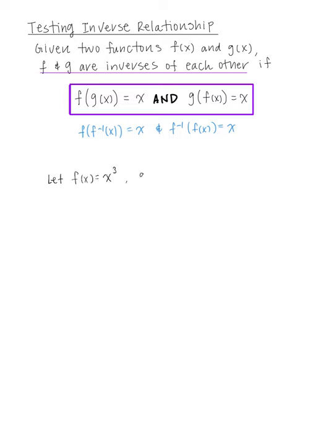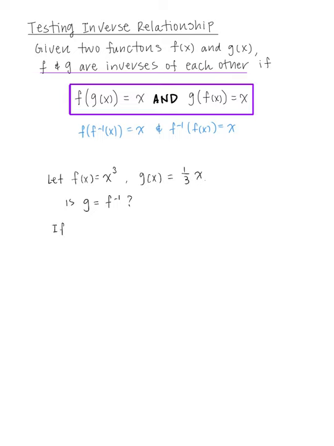And then let's let g of x be 1/3 x or something like that. Now the question is, is our g going to be an f inverse? How do I check this?